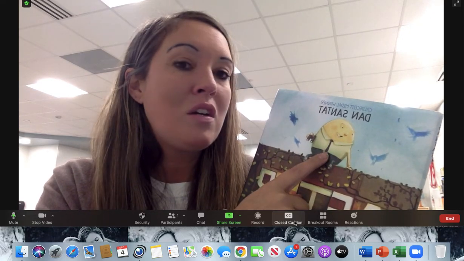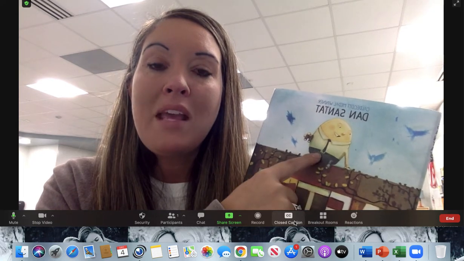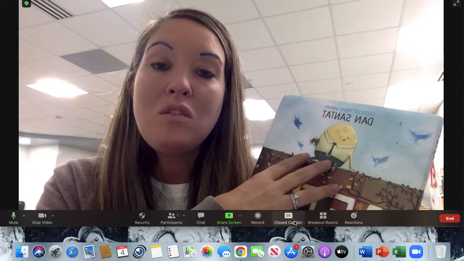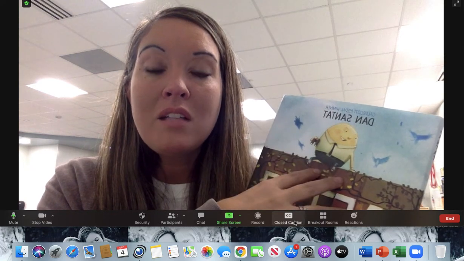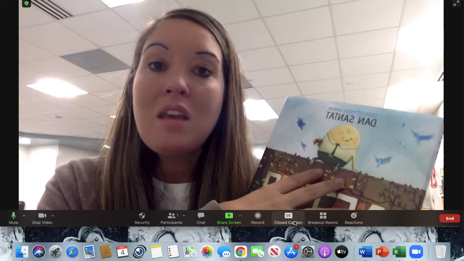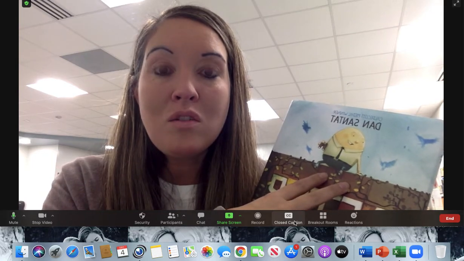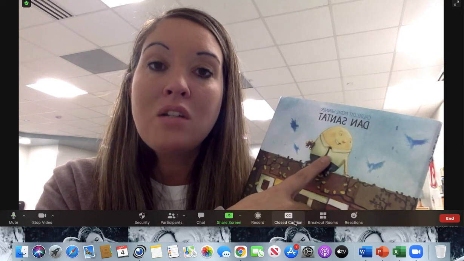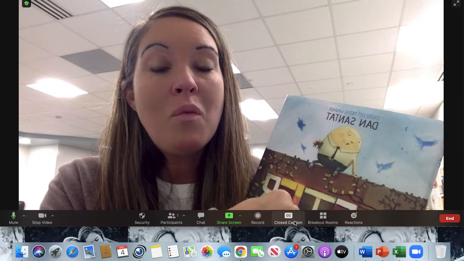The character is somebody or something, or it could be an animal or a person in the story that tells us how they're feeling. The character can talk in this story. The book is written about this character. Now, there can be more than one character in a book.